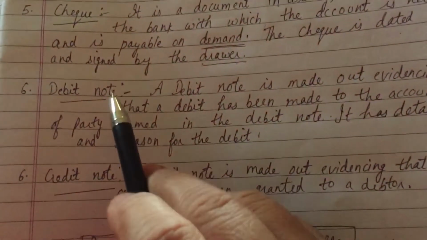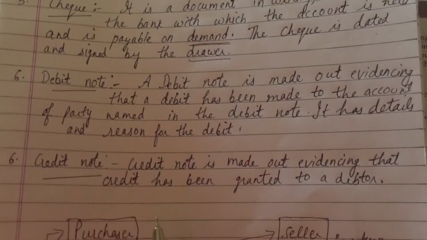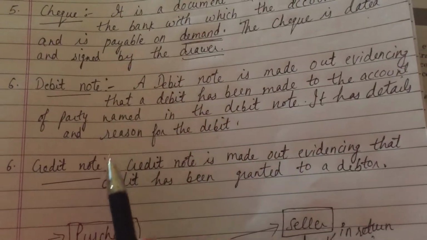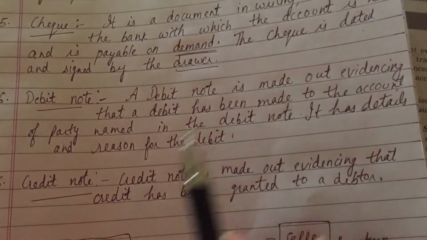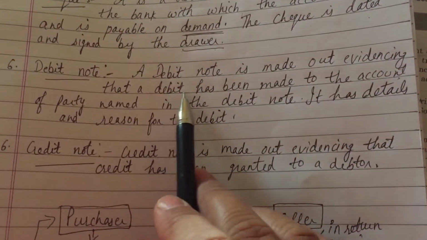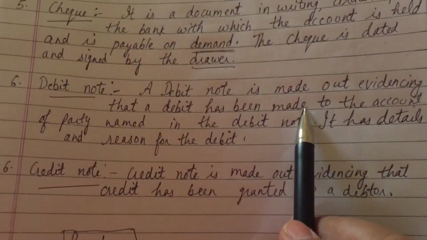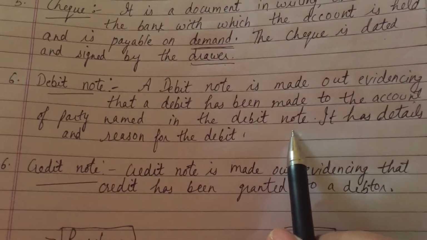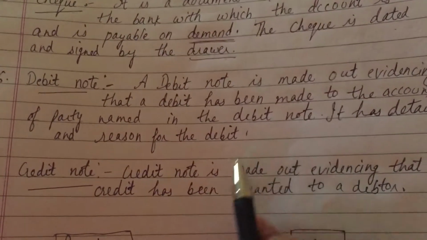Next is the debit note. Debit note and credit note, as we have already discussed, are prepared when goods are returned or when sales are returned by the customers.